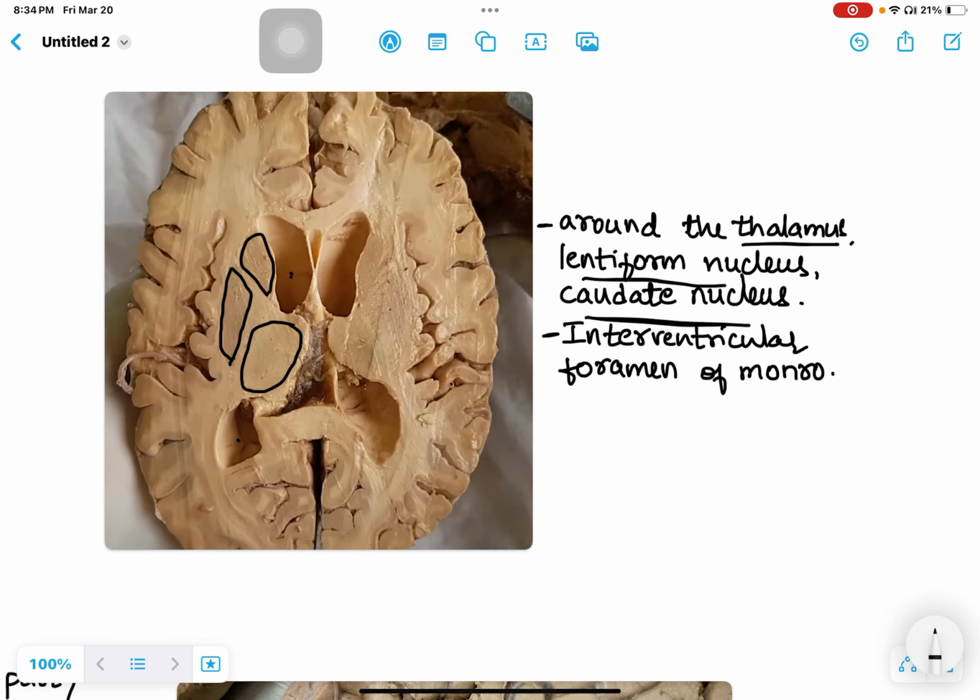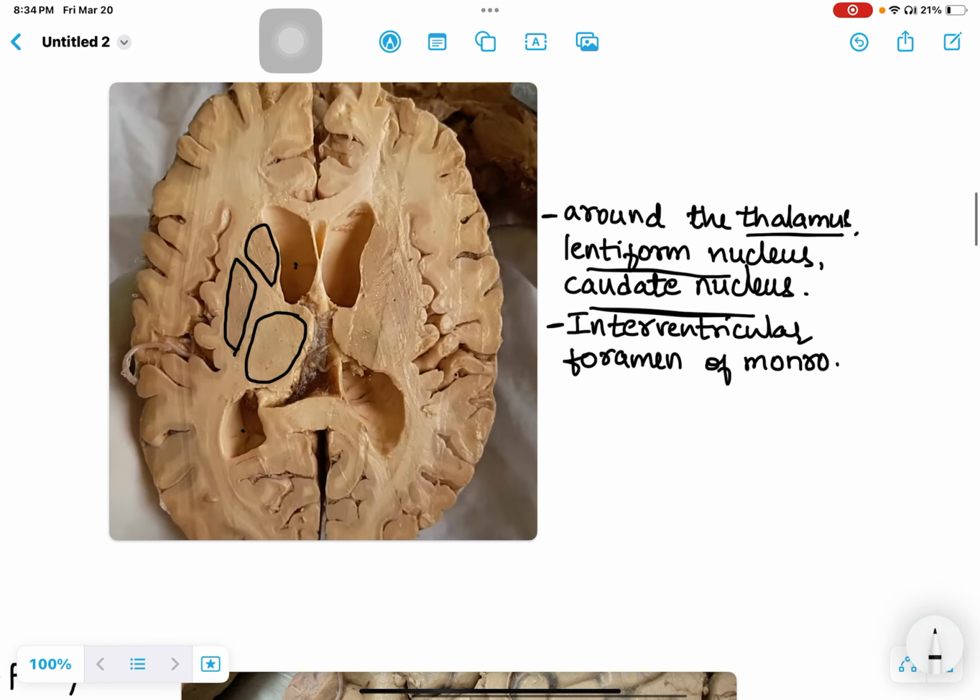And it connects with the opposite lateral ventricle with a foramen that is called the interventricular foramen of Monro. Through this interventricular foramen of Monro, it communicates with the third ventricle.